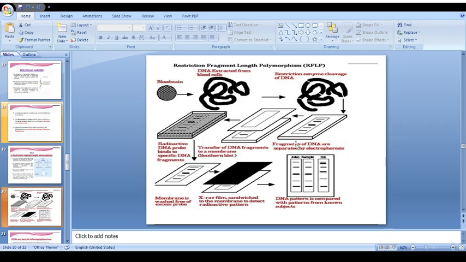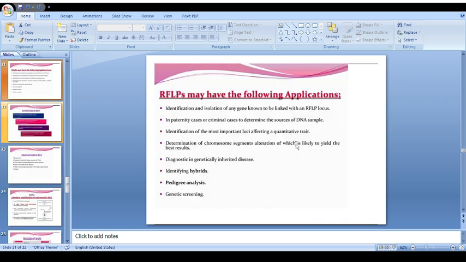This DNA pattern is compared with that of the known subjects. From that we are able to identify the repetitive sequence or the marker found in this. RFLP has a lot of applications.